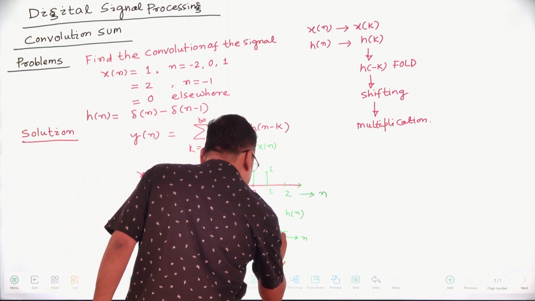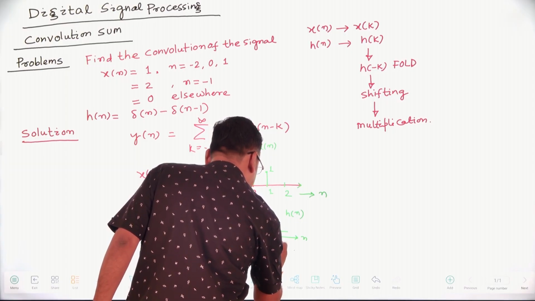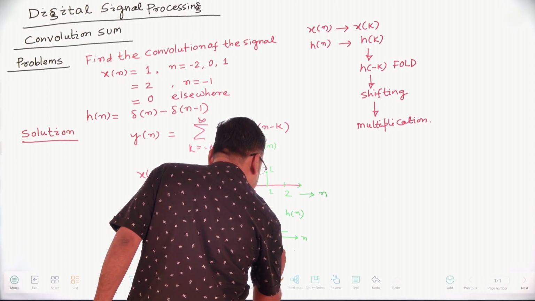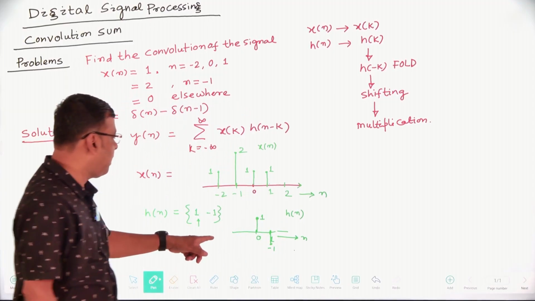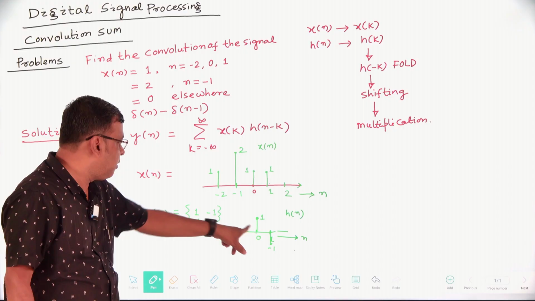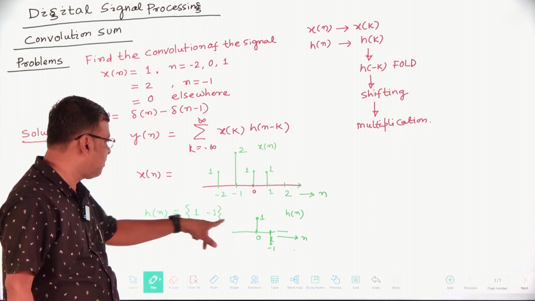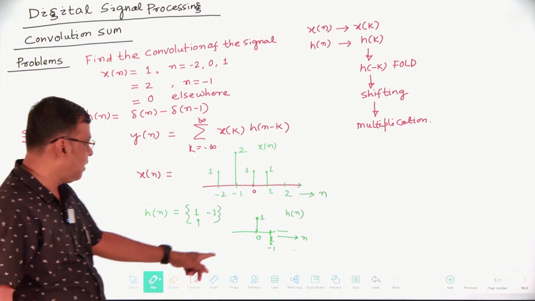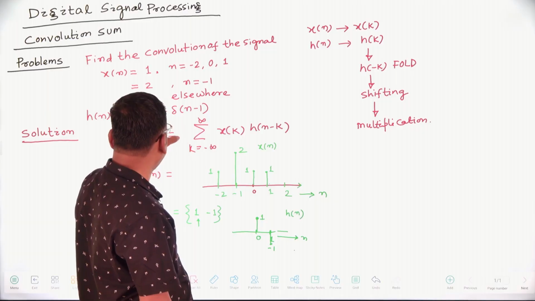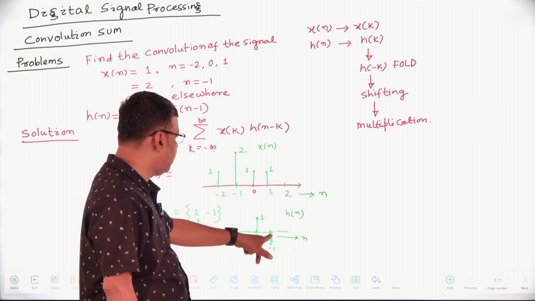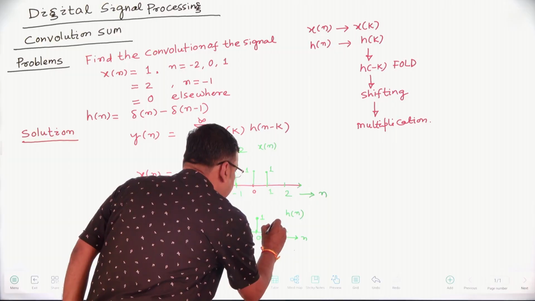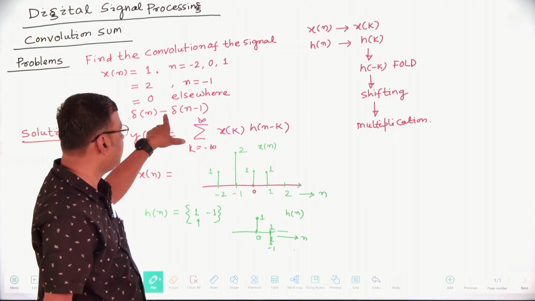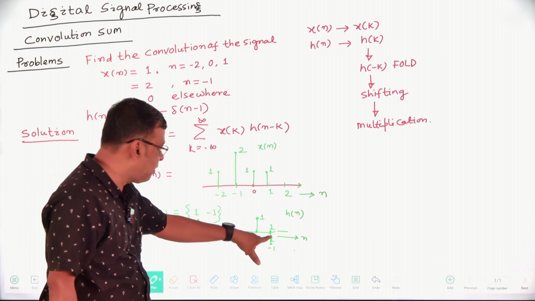So that's why this is your function. This is your sequence representation, and this is your graphical representation. This is your x of n, and this is your h of n. The sample exists at n equal to 0, because of del of n, and the sample exists at n equal to 1. For n equal to 1 here, the value will be minus 1, because minus 1 is multiplied with 1.